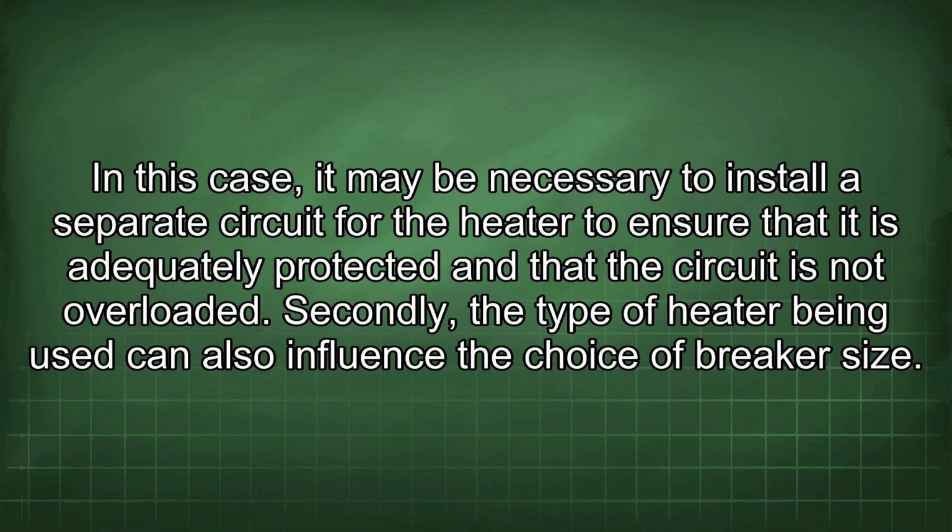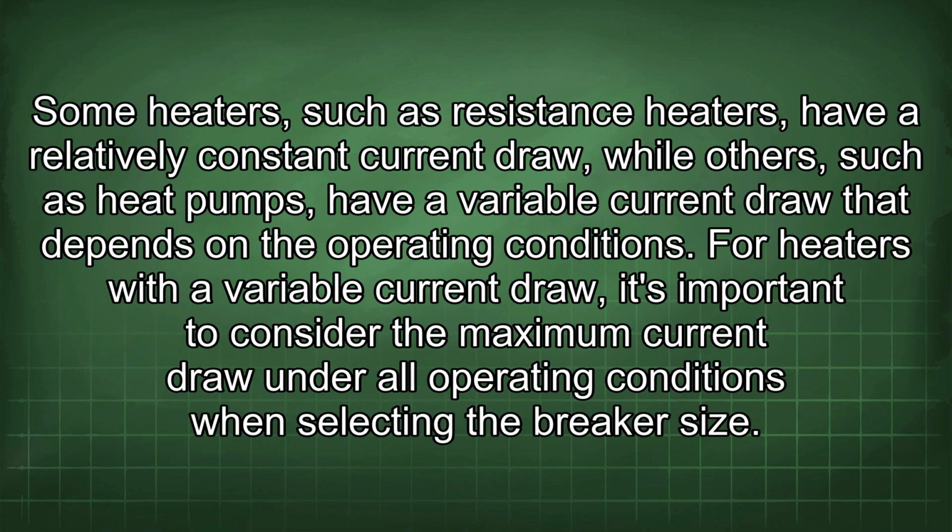Secondly, the type of heater being used can also influence the choice of breaker size. Some heaters, such as resistance heaters, have a relatively constant current draw, while others, such as heat pumps, have a variable current draw that depends on the operating conditions. For heaters with a variable current draw, it's important to consider the maximum current draw under all operating conditions when selecting the breaker size.